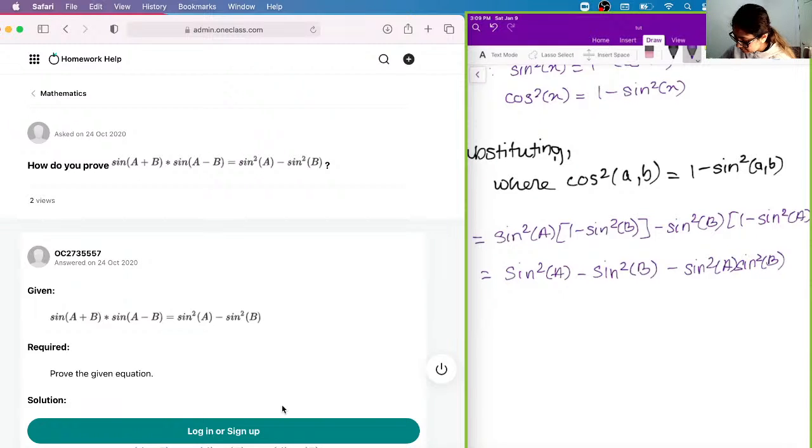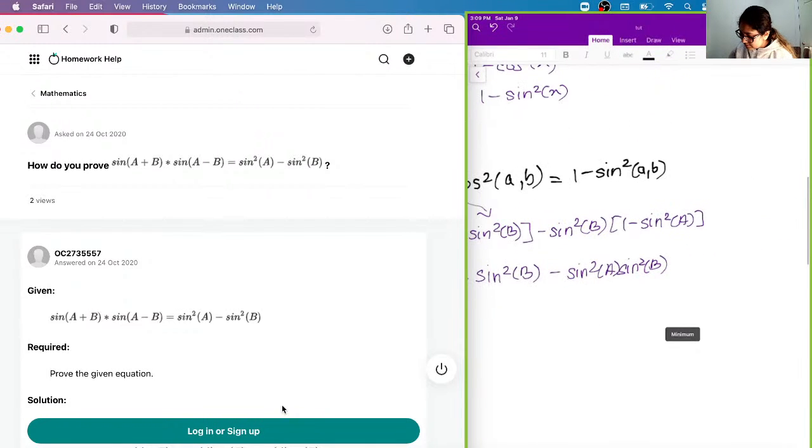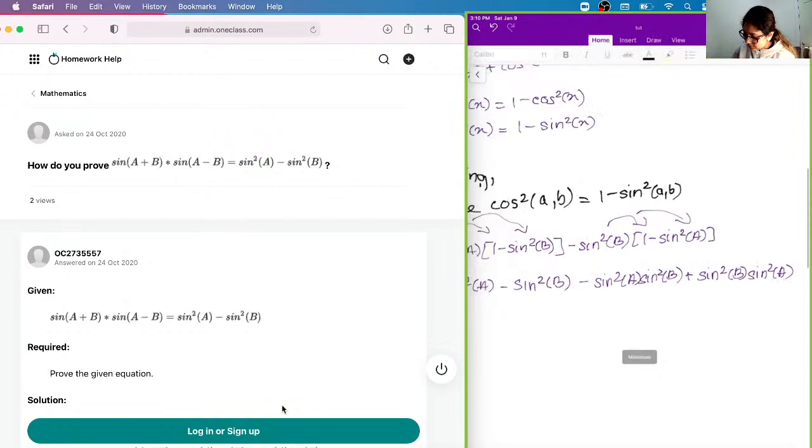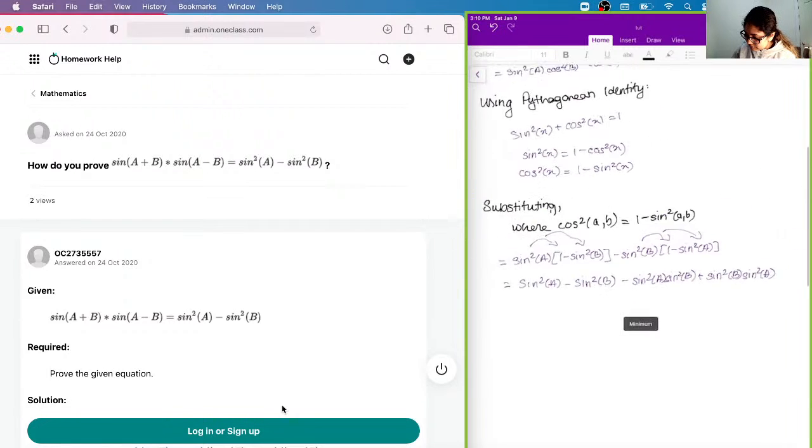Right, I'm just distributing this, and then we get plus sine squared b sine squared of a. Okay, I just distributed this as well. Just use FOIL.